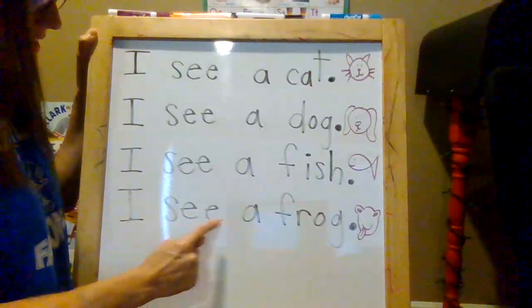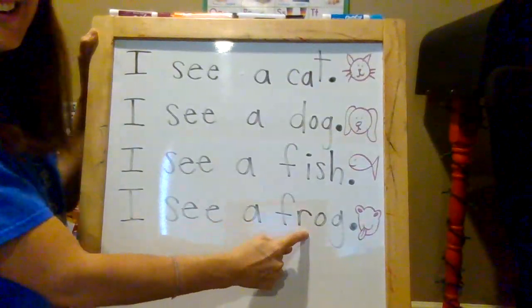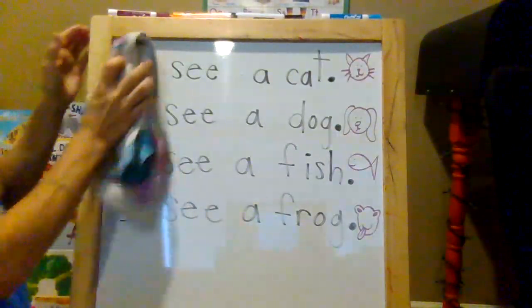I see a frog. Start thinking about what animal you are going to see. Are you going to see a horse? Are you going to see a bunny? You will need your whiteboard and you will need a marker. Pause this video and go get what you need.